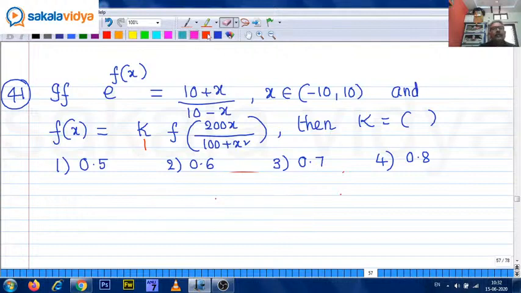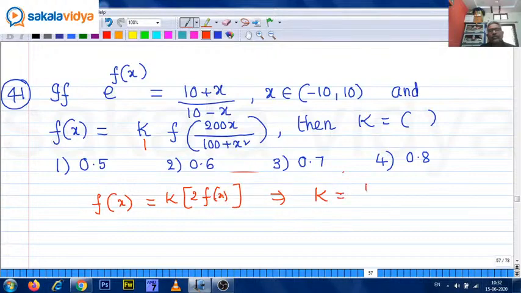Wait now, I will get it now. So now here f of x is equal to k times 2 f of x. So now the k value equal to 1 by 2. So this 1 by 2 equal to 0.5. So first option is the right option.